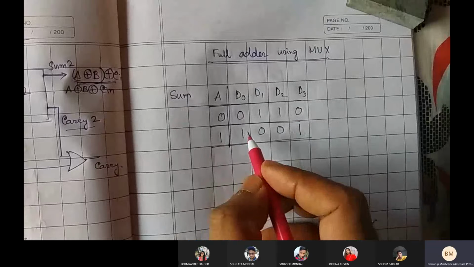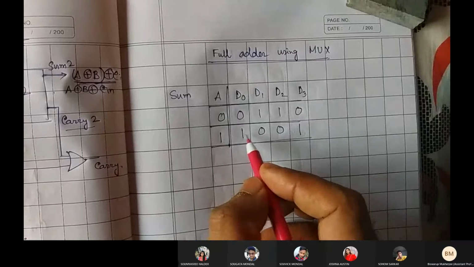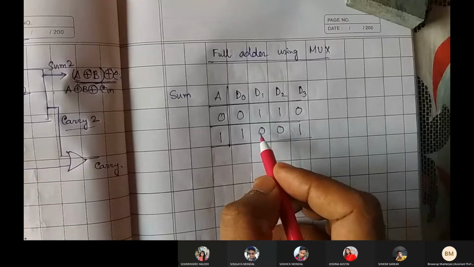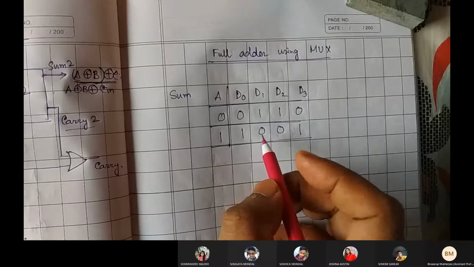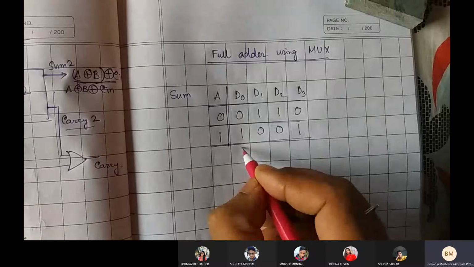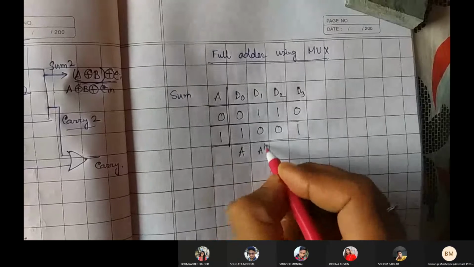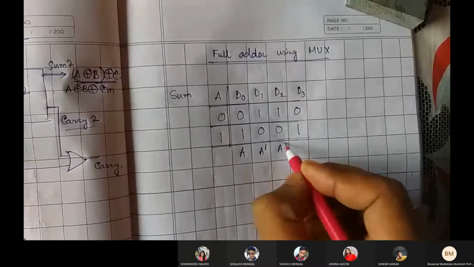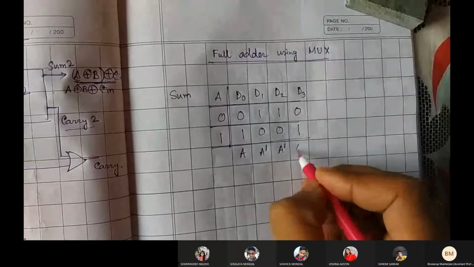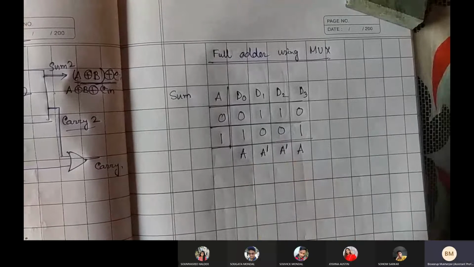That we know. So what is that? It is A bar, it is also A bar, and it is A.